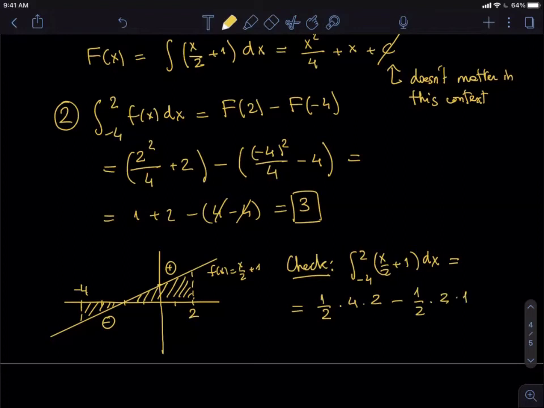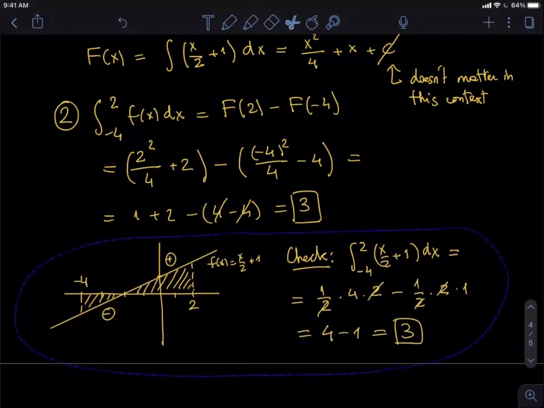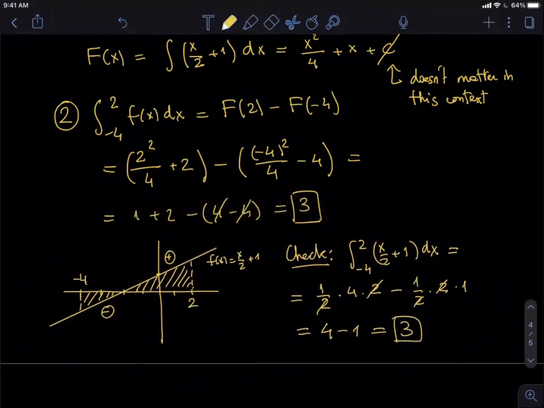At -4, we plug in -4 divided by 2 makes -2 plus 1, -1. So the height is 1, except that it's negative. That makes 4 minus 1, and we get 3. Oh joy. We got the same result, so we can have some trust that the method works.